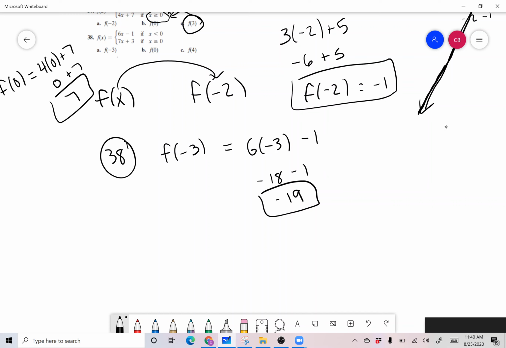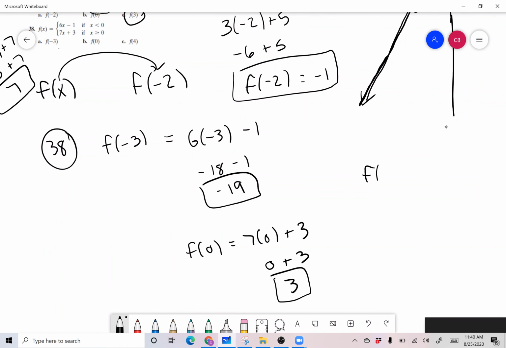Well, 0 falls into the second equation, so I'm looking at 7 times 0 plus 3, which is 0 plus 3, which is 3. And f of 4, I am looking at 7 times 4 plus 3, 28 plus 3, which is 31. And so there you have it.